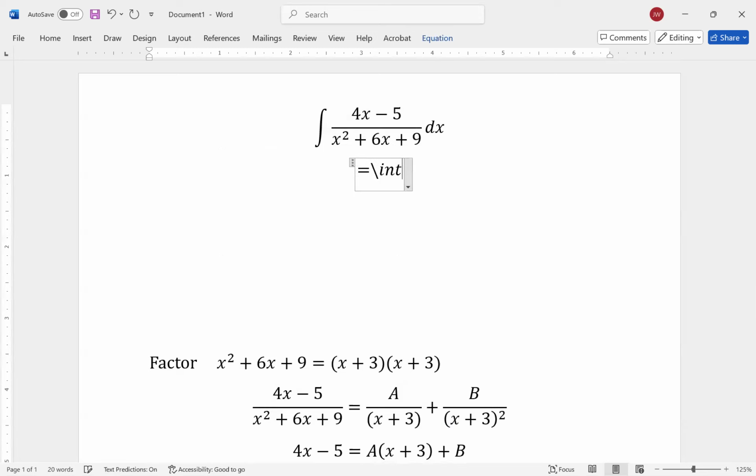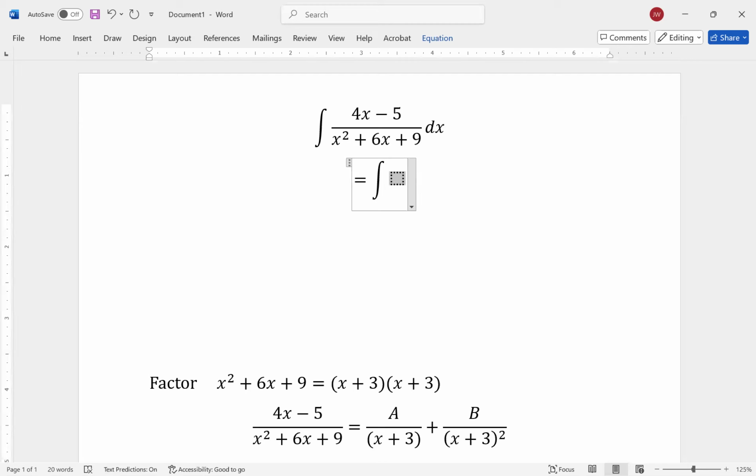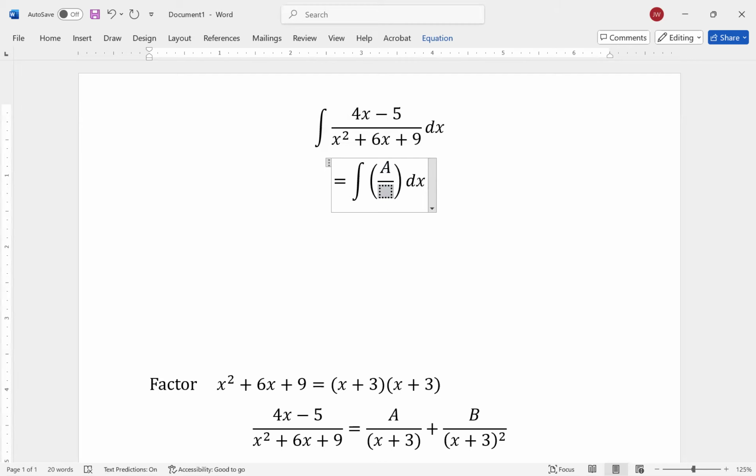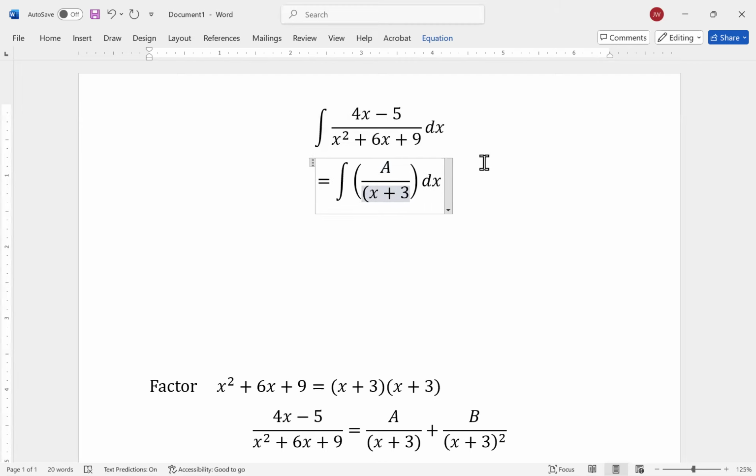Now we're ready to integrate. Like I said, because of factoring, I knew what was going to happen. I knew that this rational expression is going to look like a real number over x plus 3 plus another real number over x plus 3 squared.